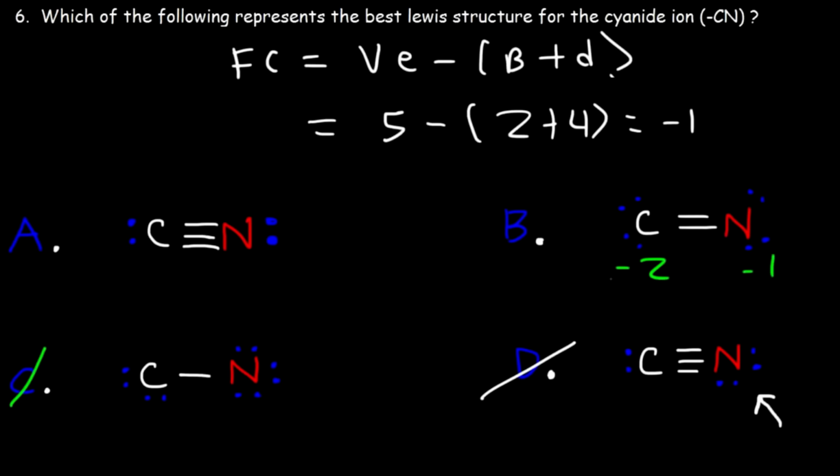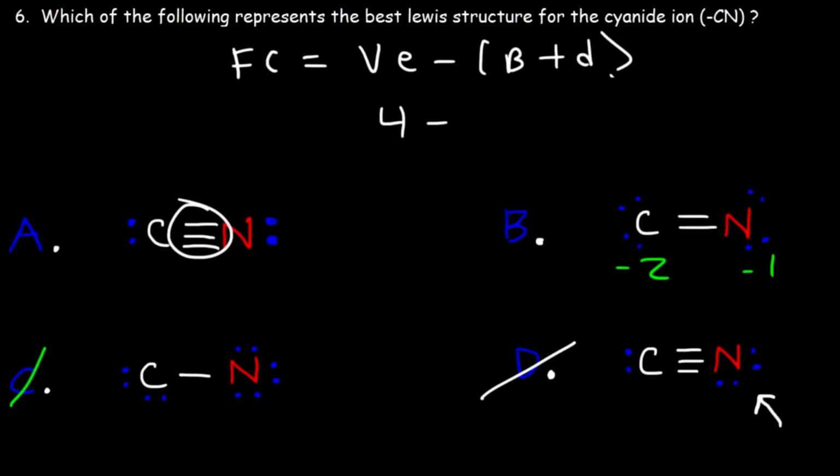Now let's go ahead and calculate the formal charge of carbon and nitrogen in the other compound. So starting with carbon, we can see that it has 3 bonds, 1 lone pair. So it has 3 bonds and 2 dots. 3 plus 2 is 5, 4 minus 5 is negative 1.